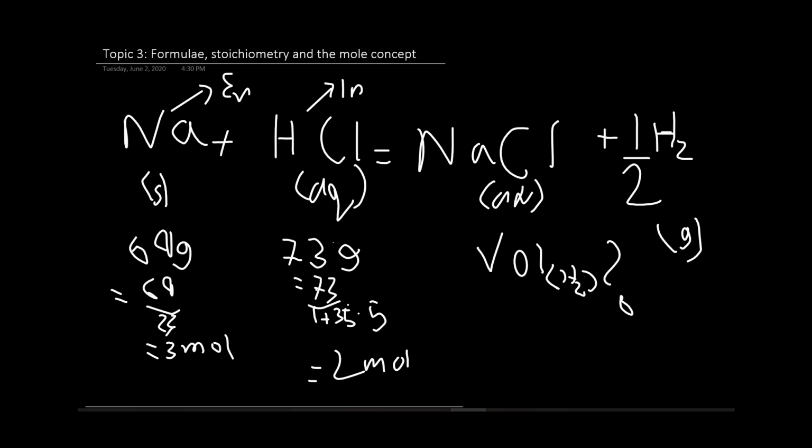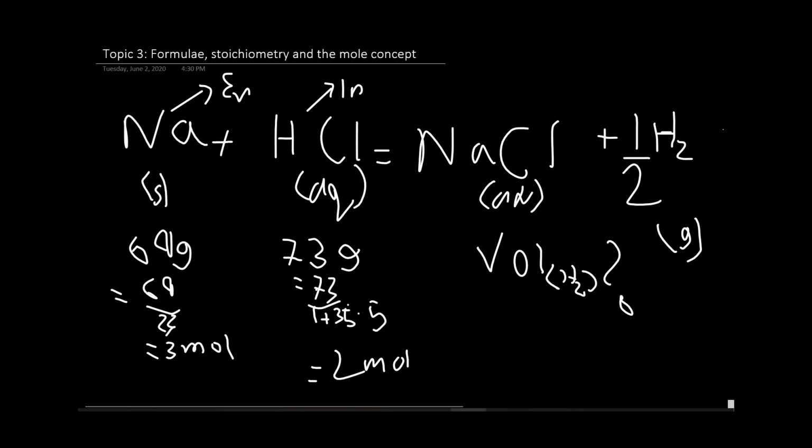So basically, the question that we had was, you've been provided with 69 gram and 73 grams of sodium and hydrochloric acid respectively. Now you need to calculate the volume of hydrogen gas produced, right? So using our formula, we deduced that you had been provided with 3 moles and 2 moles of sodium and hydrochloric acid respectively, and we successfully identified the limiting reactant, in this case hydrochloric acid.